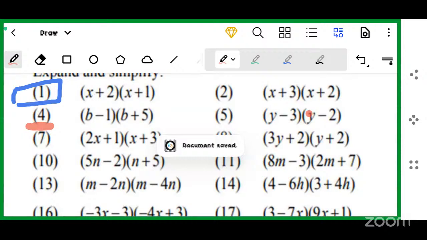Ma'am, I think I found the answer. Okay, let's wait for Langeli so that we can divide the answers. I also believe I found the answer. Okay, so for Langeli, which ones were your second best answer?